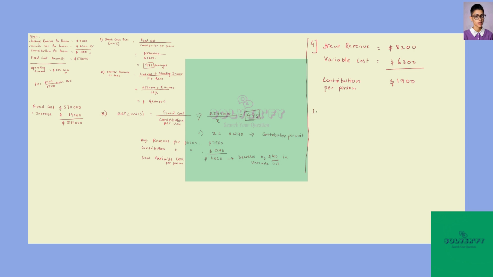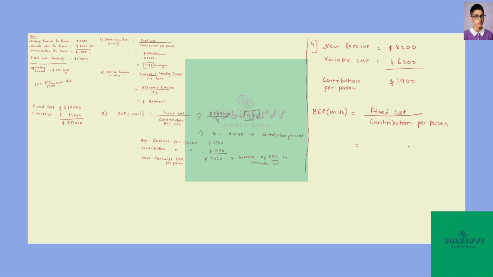So the new break-even point, BEP in units, we know the formula, fixed cost upon contribution per person.